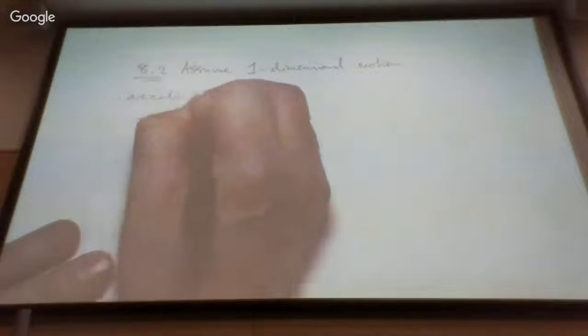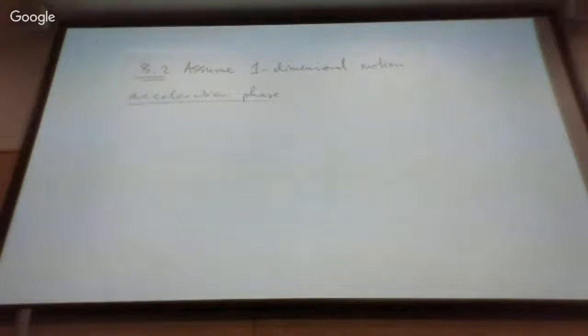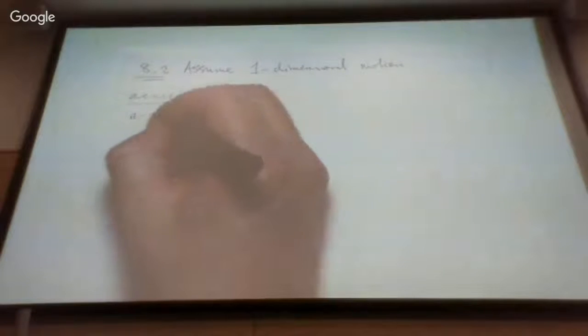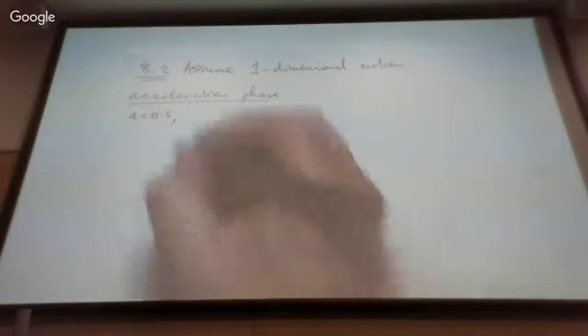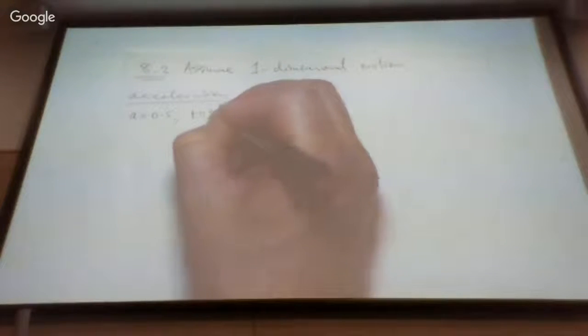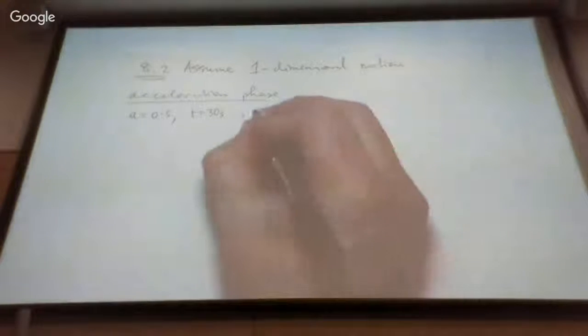So looking at the acceleration phase first, we've got constant acceleration of 0.5 for a time period of 30 seconds. Now the train is leaving the station, so we're presuming that at time 0 it's initially at rest.